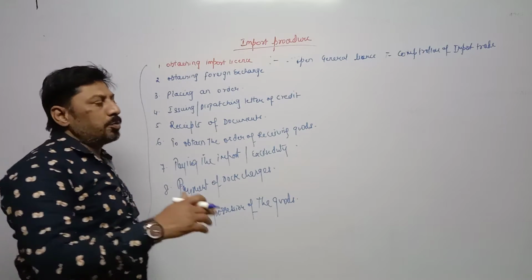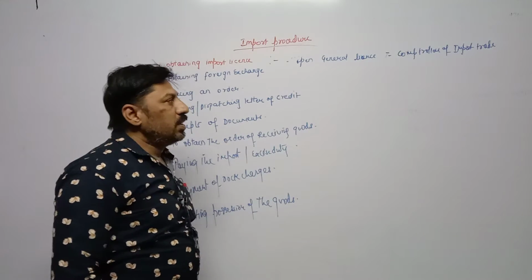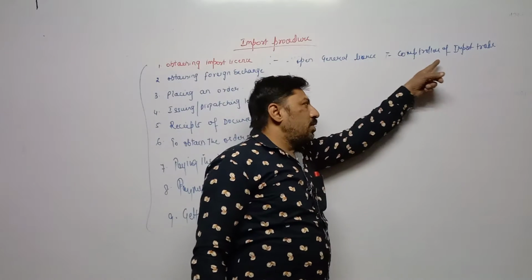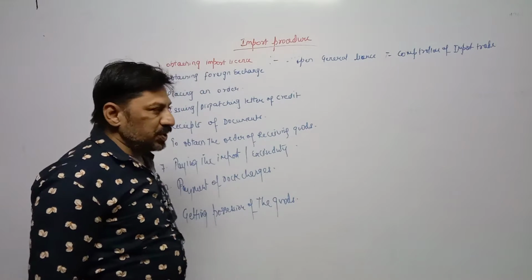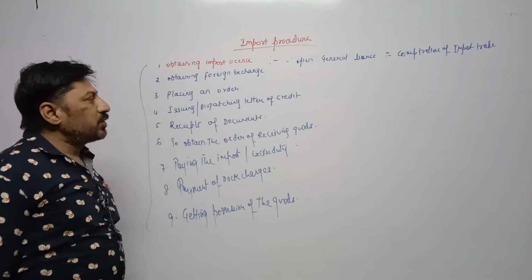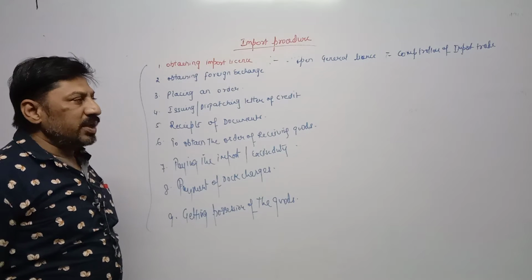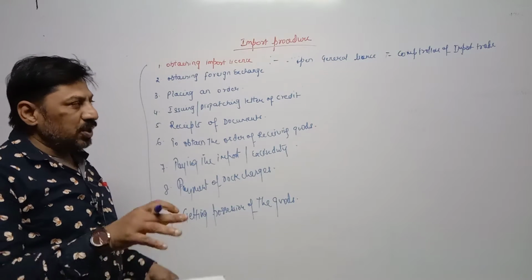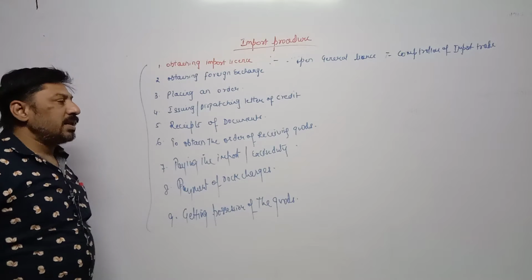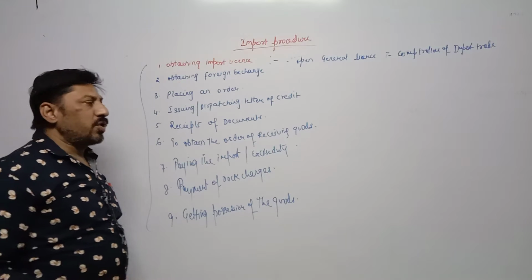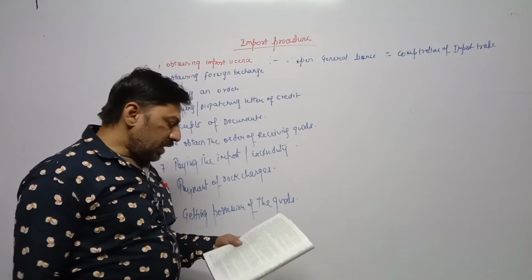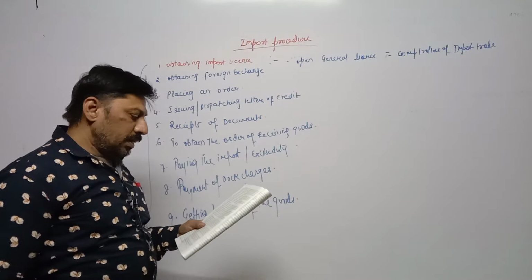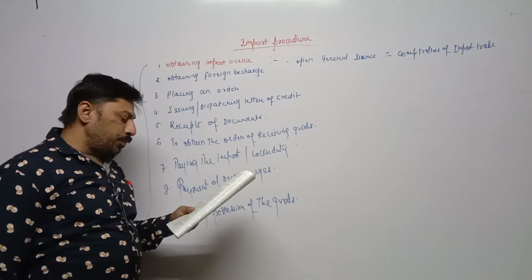For this, required documents are to be submitted with this officer, and if they are satisfied with those documents, then they will issue the special license. Then only we can import goods or raw material from other country.